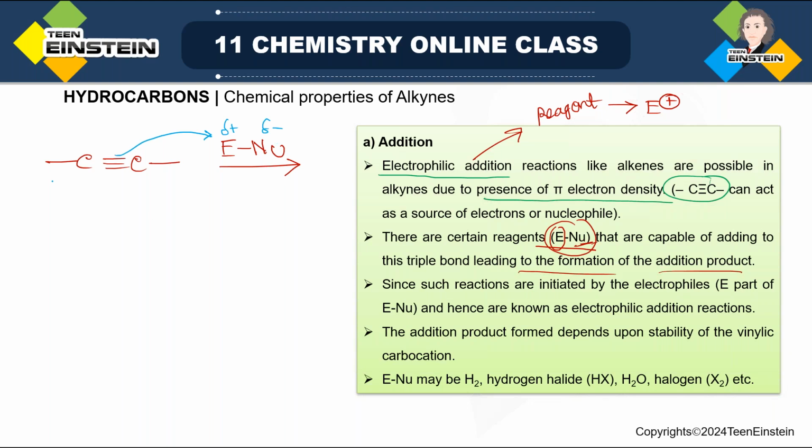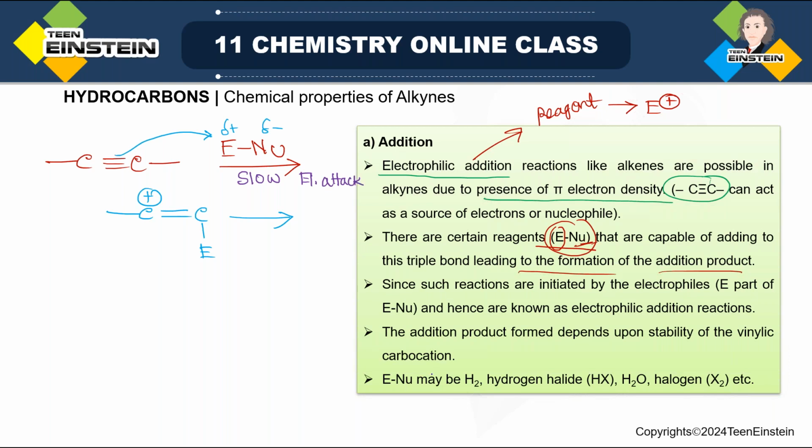When this is happening, the triple bond's pi electron density is attracted towards the E. There will be generation of positive charge over a carbon, and the other carbon will now be connected to this E, and this Nu will be left. Now, this step is basically the slow step. The first addition, where this E is added, is the slow step, and this is actually the electrophilic attack step.